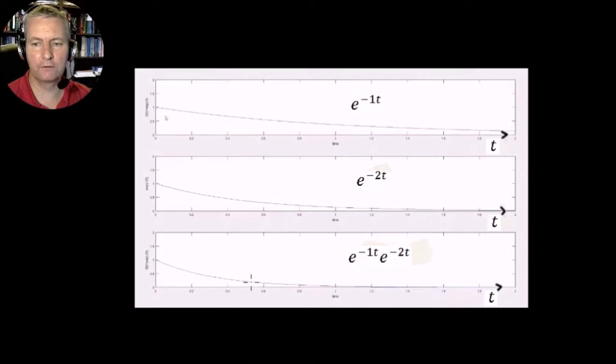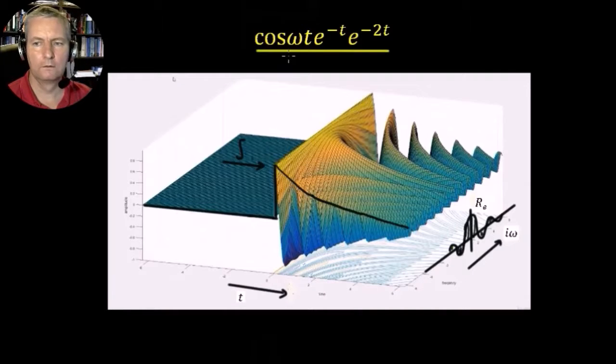So we take this function here and we let it modulate the cos omega t and the sin omega t surfaces. So this is the function here, e to the minus t, which has been modulated by e to the minus 2t. And this here is going to modulate the cos omega t surface. So we can see that here we've got the cos omega t surface and it's been modulated by this little function here, which is in effect the e to the minus a minus t value.